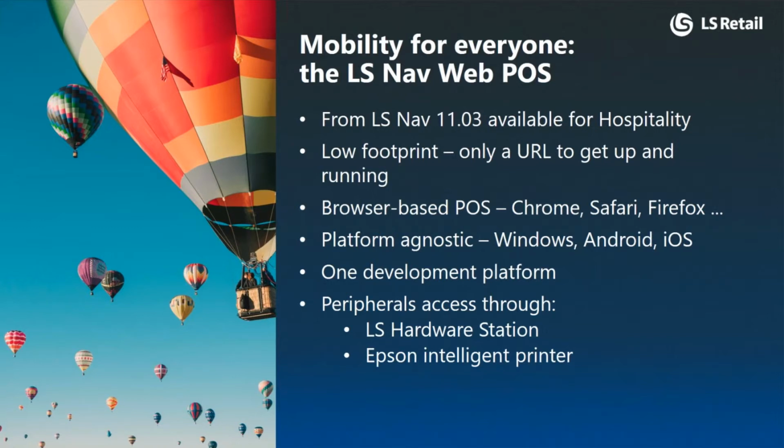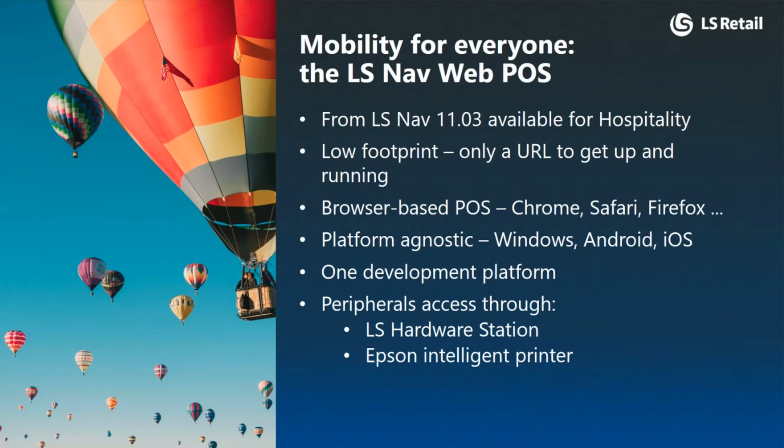With the Web POS, all of the mobility code is now in one single code base, which is NAV. Therefore, all customizations that are done in LS NAV are also immediately available in the Web POS, which is a great benefit as only one skill set is needed and no extra work is needed for mobility.